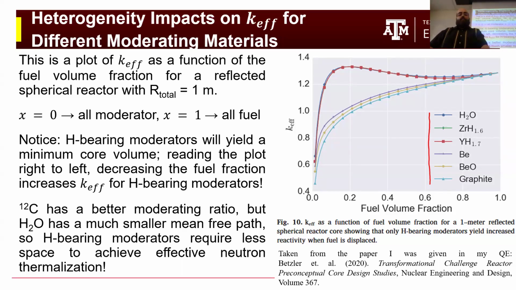It basically means that if you want to design a size constrained reactor, and in this paper they're trying to design a micro reactor that's 1 meter cube, like 1 meter radius, then it turns out that if you want a small reactor, these hydrogen bearing moderators are kind of the best ones.